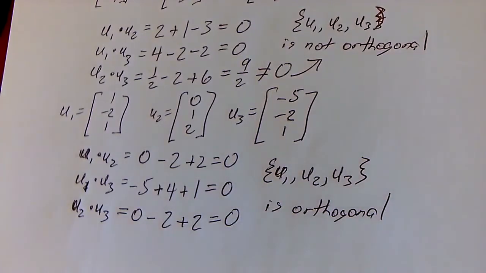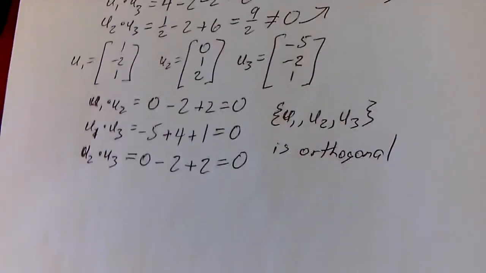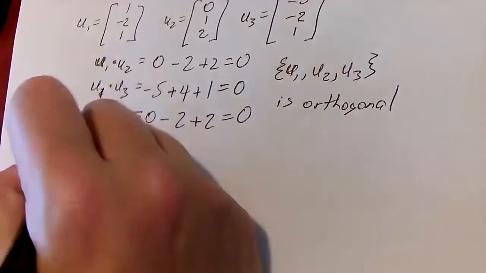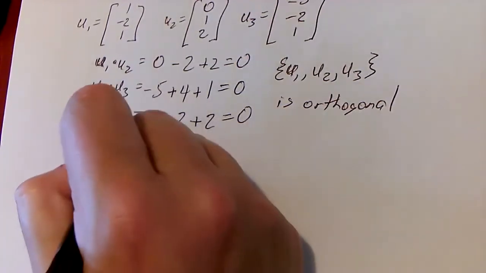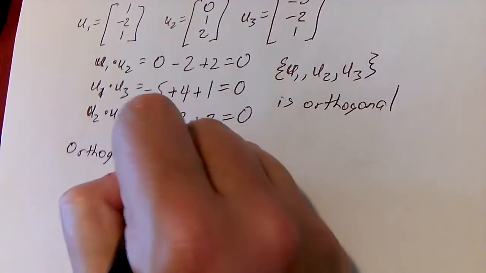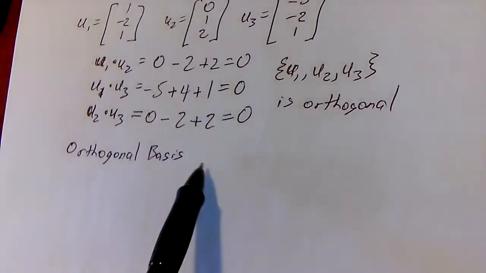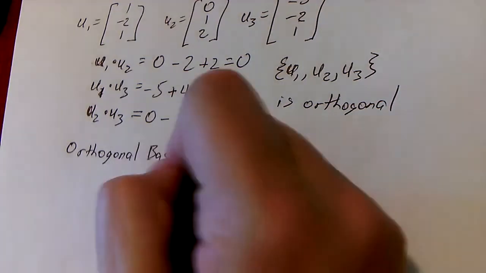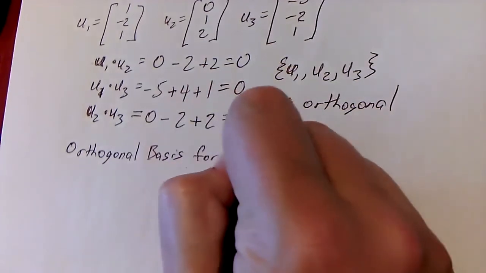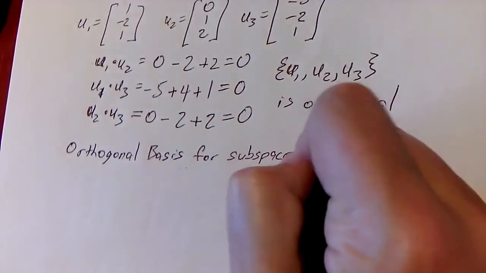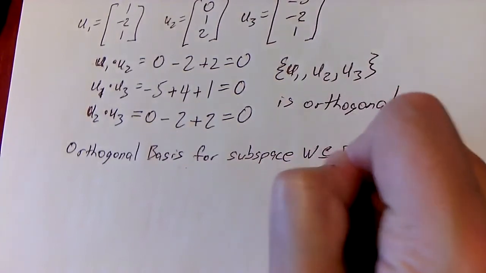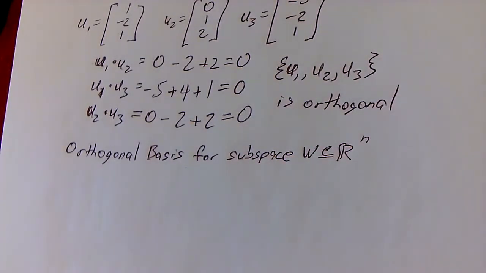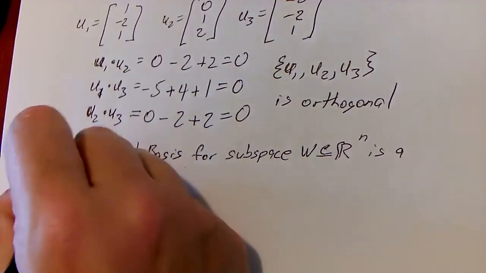Okay, so we're going to talk about a couple of properties for orthogonal sets, or orthogonality. If I have an orthogonal basis, remember what an orthogonal basis was. It was a set where all the vectors are orthogonal. An orthogonal basis for a subspace W, where W is in Rn, is naturally a basis.